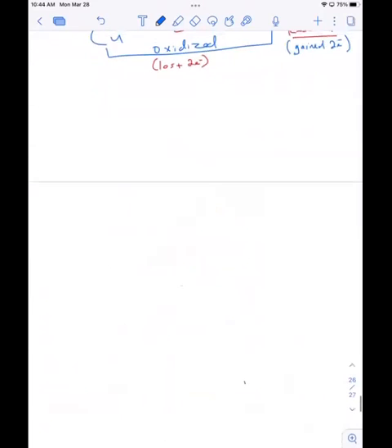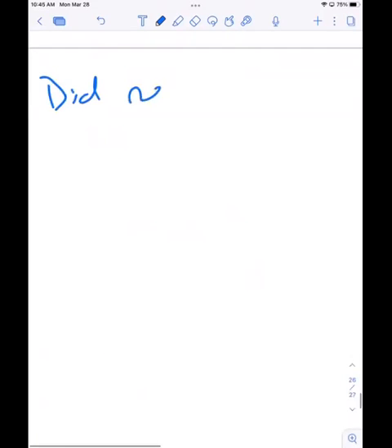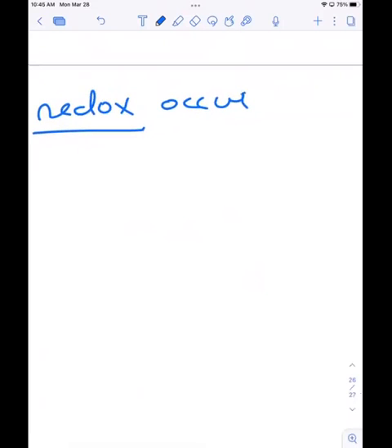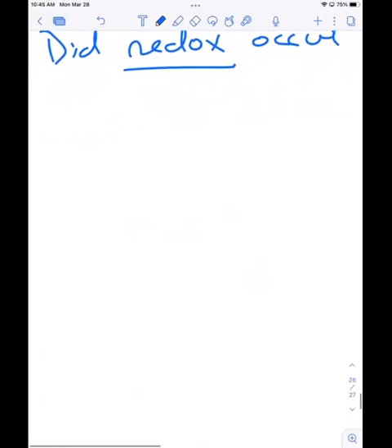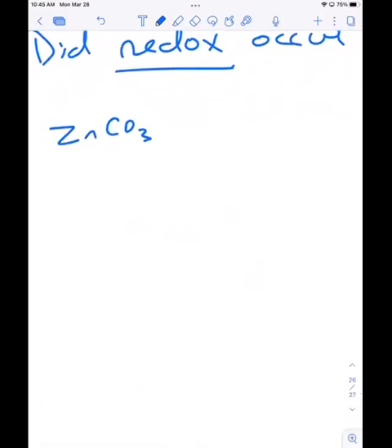All right. So let's see if we can do this. I'm just going to ask the question, did redox occur? Right. So the equation is zinc carbonate, which is insoluble.